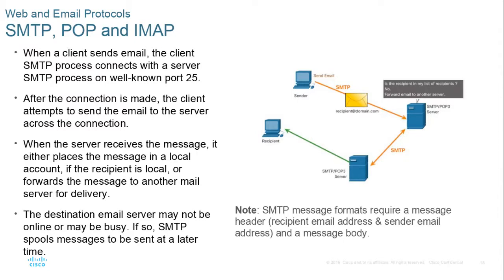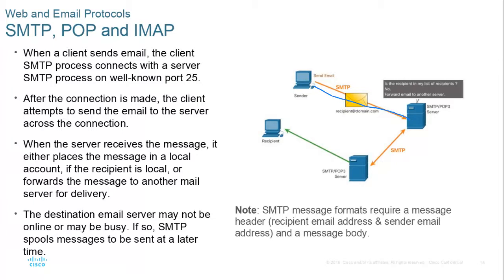So Simple Mail Transfer Protocol is used to send mail. If I click on send mail, and I'm using a traditional client program like Eudora or Microsoft Outlook, it'll use Simple Mail Transfer Protocol to send it to my ISP's mail server, and then it'll relay it onto the recipient. So whenever you send mail, it's Simple Mail Transfer Protocol.